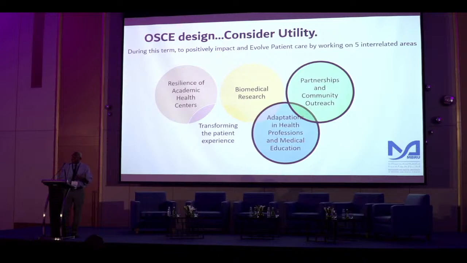That is the realization that improvement in healthcare also requires health professions and medical education to adapt, to contribute to the improvement in healthcare. And the second important pillar is partnership and community outreach. It is in this relationship that what we are doing today, from various backgrounds and various locations, has a central theme that we are all partners in the improvement of education and the experience of our trainees.